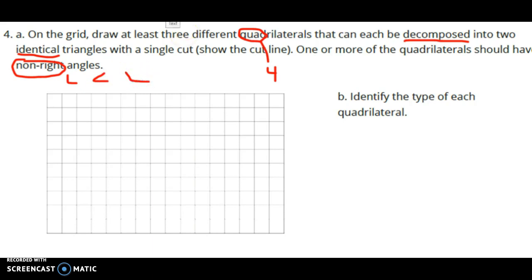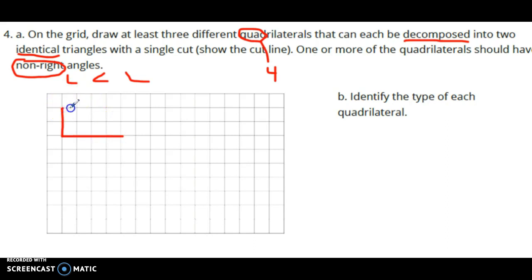Okay, let's do an example. So we're going to do three different quadrilaterals that can be decomposed. I'm going to start here with a right-angled one because I feel like that's a little bit easier. What if I went 2 by 4?